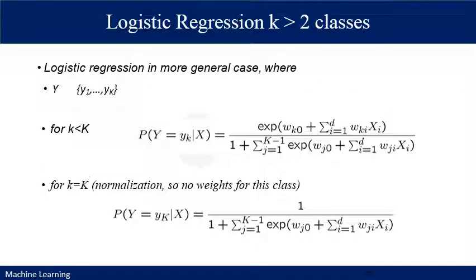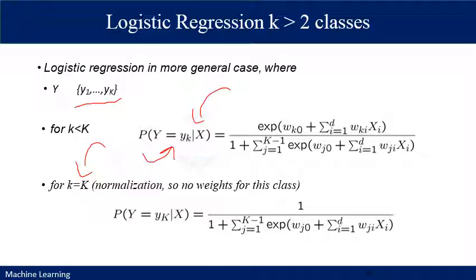Similarly, for the case of more than 2 classes, we have a logistic representation in a more general case, where the representation of each class is y1 to yk, and for the decision boundaries of each class we calculate the logistic regression for the input attributes, and for the final class we use the term without the weights.